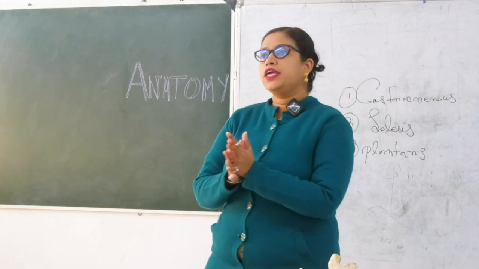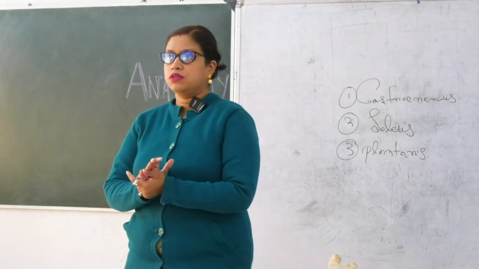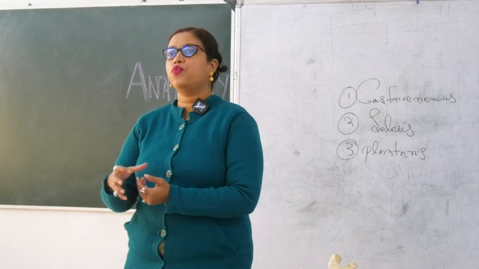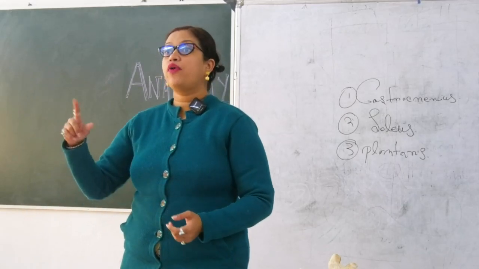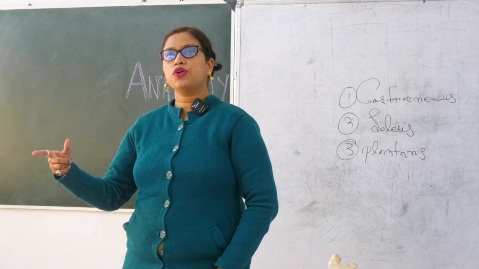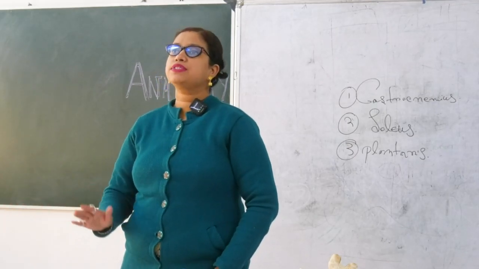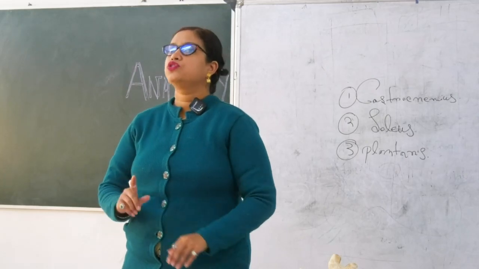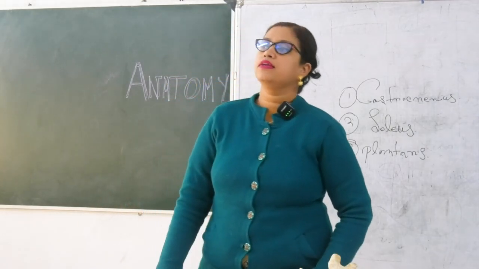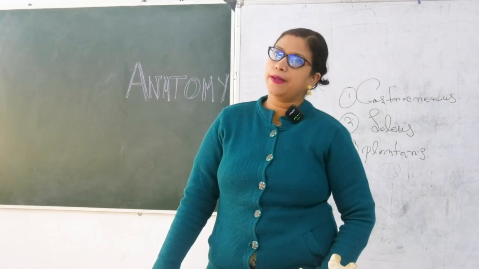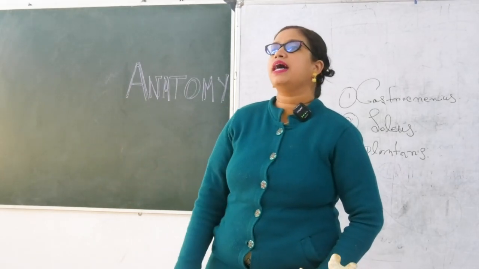Now tell me, if you are running very fast, in that case which muscle will act? I told white fibers present on the gastrocnemius, so at that time which will act? Gastrocnemius, okay. And if somebody is going slowly, in that time which muscle will act? Soleus, just opposite, okay.